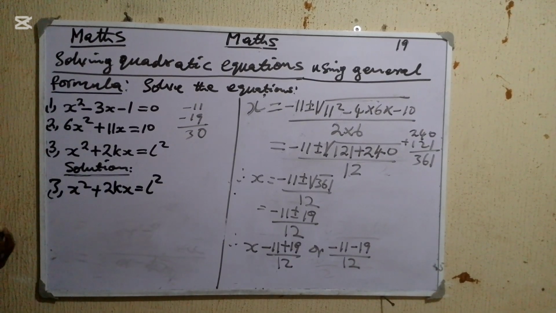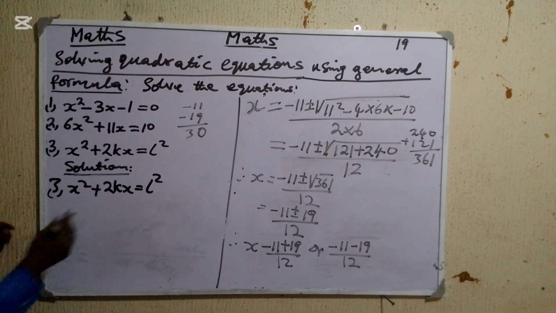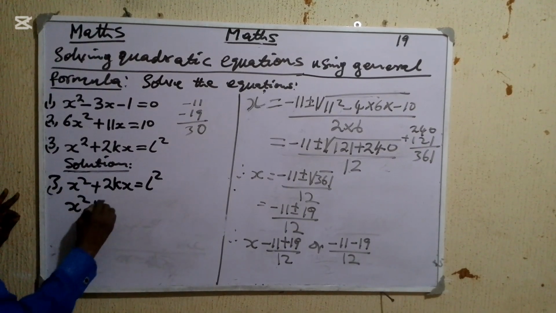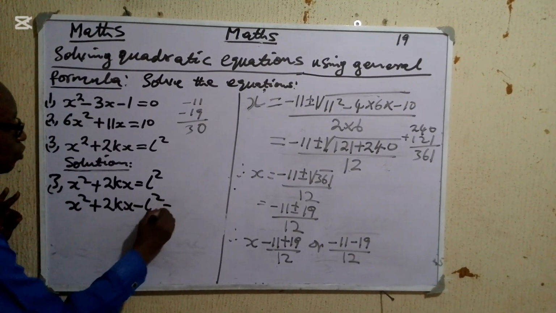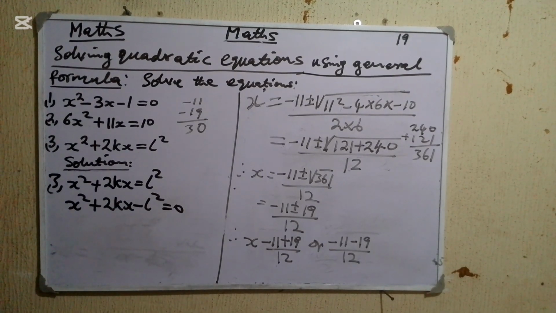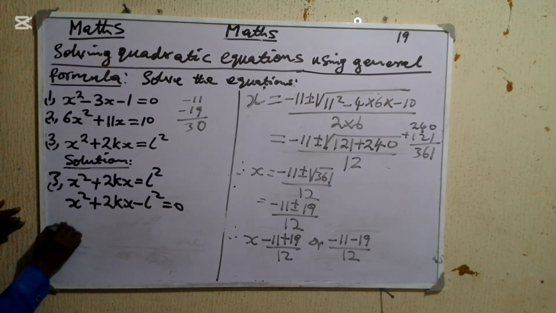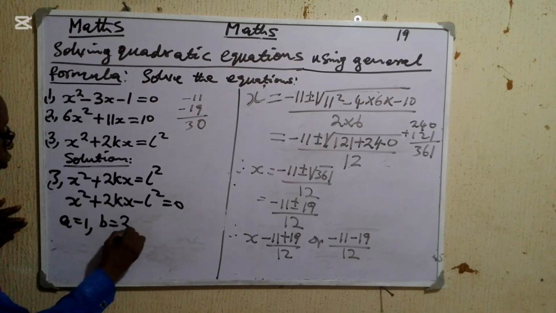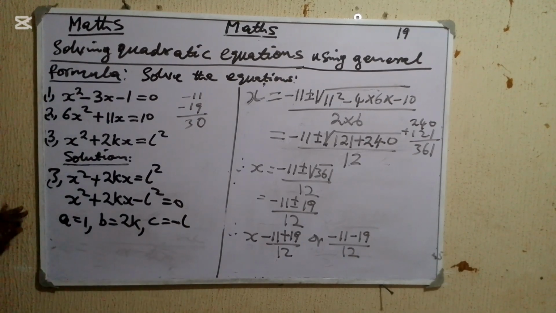In this case, we have to combine it by bringing this L back, and that is x squared plus 2kx minus L squared equal to 0. Again, we have to bring out our a, b, and c. Here, our a is equal to 1, b equal to 2k, and c equal to minus L squared.